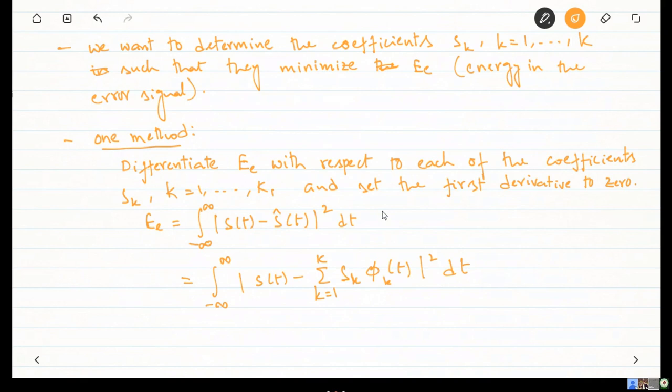Even if you forget all other approaches, you can do this: if E is a function of all these Sks and we want to find these Sks such that EE is minimum, you differentiate EE with respect to these parameters and set the first derivative to 0. So it is a lengthy process.